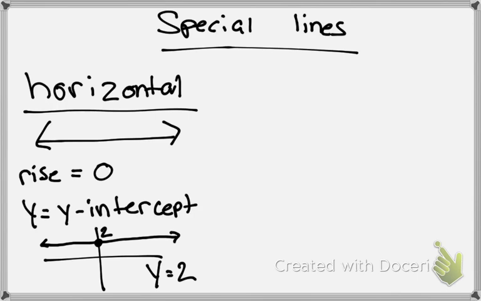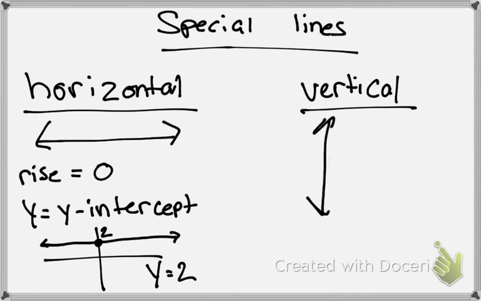The other half to that coin is when we have a horizontal line, we probably have a vertical line somewhere. So a vertical line runs up and down. And when we write the equation for this, we're going to start with x equals, and it's going to be whatever our x-intercept is.